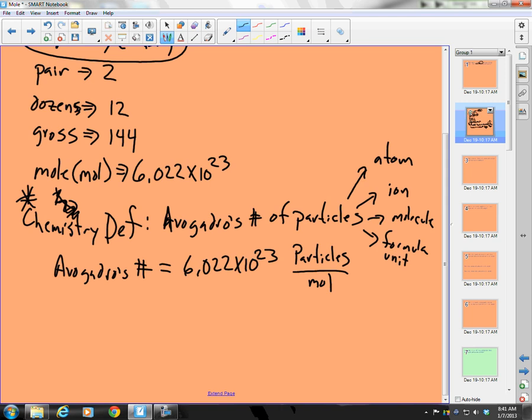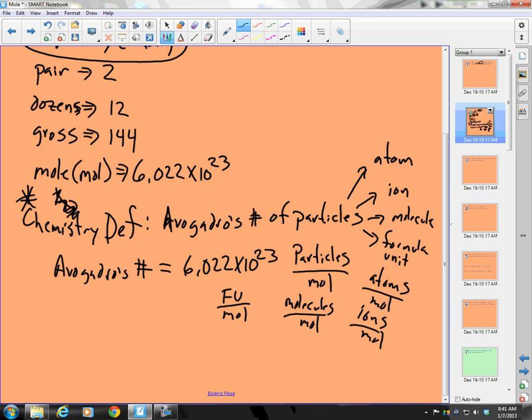So we could talk about particles per mole. We can talk about atoms per mole. I can talk about 6.022 times 10 to the 23rd ions per mole. I can talk about molecules per mole, and I can talk about 6.022 times 10 to the 23rd formula units per mole. Got it?